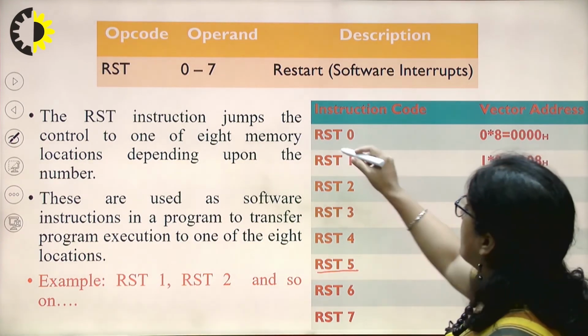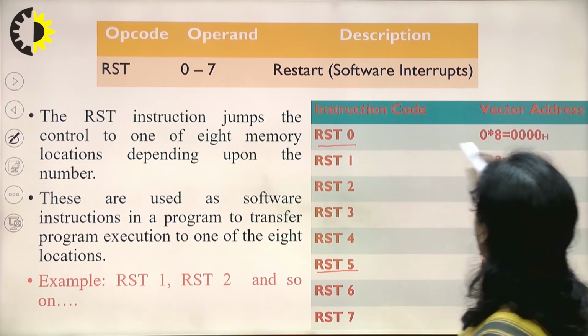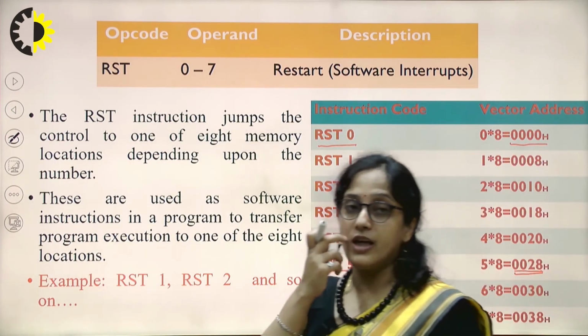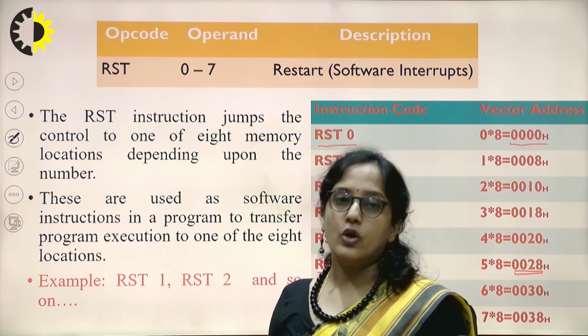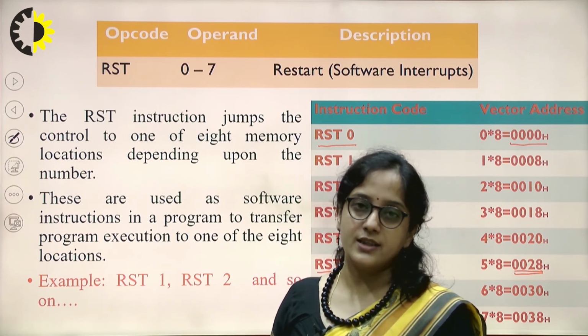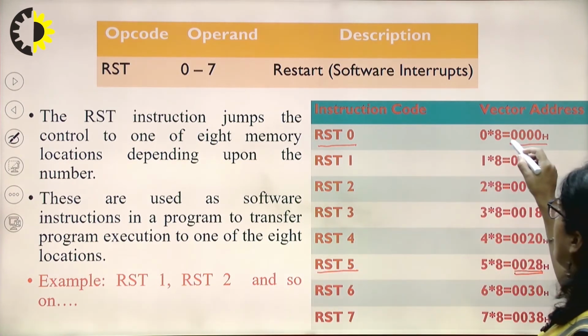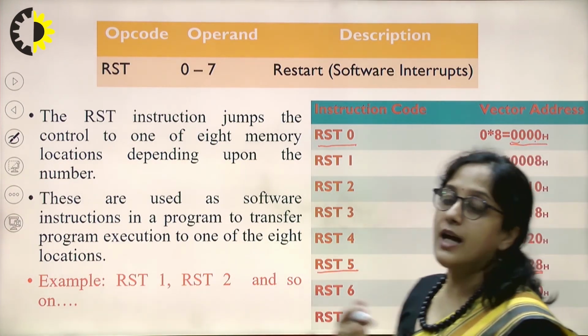Corresponding to RST0 we have address 0000. So if we use RST0 in our main program or in our subroutine, then the control will go to the vector address 00h, that is the start of the main program.